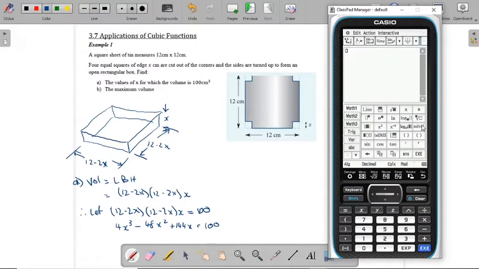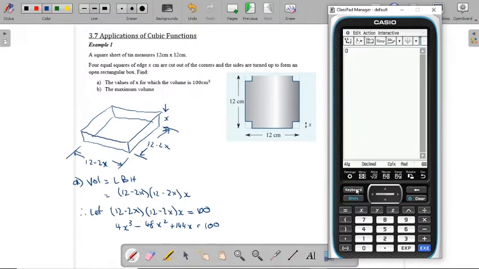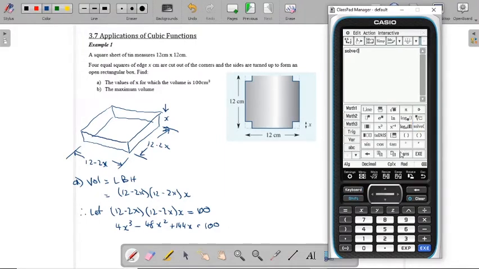So we can go to our calculator and on the keyboard, click solve, and put in what we've got here, 4x cubed minus 48x squared plus 144x, and that's equal to 100.